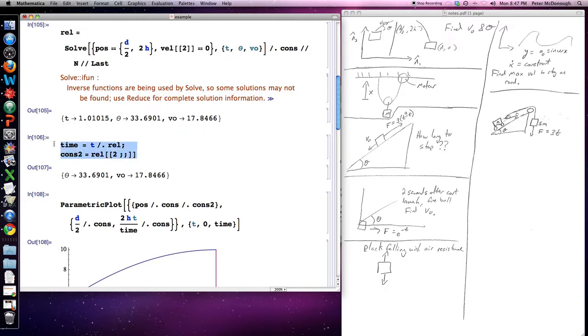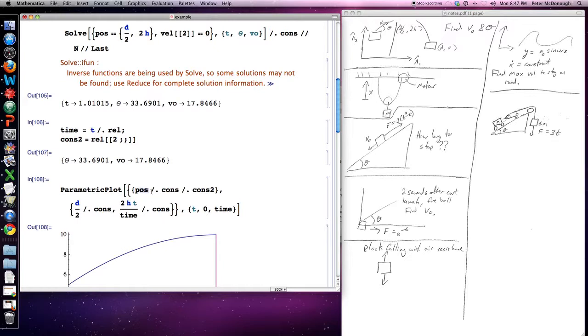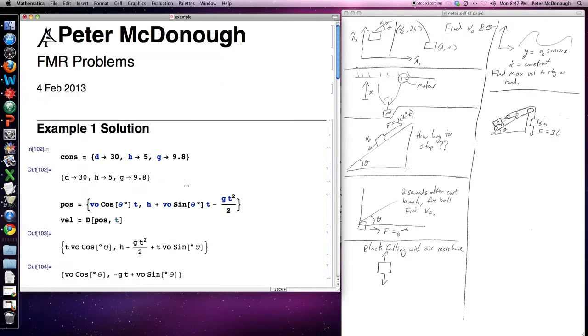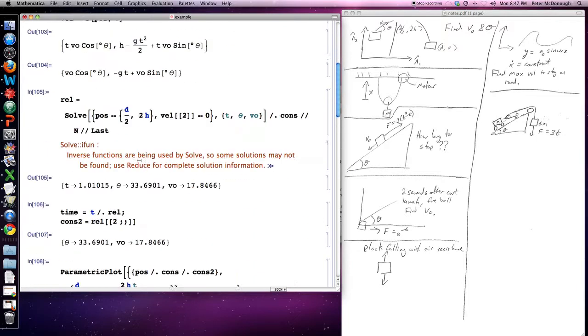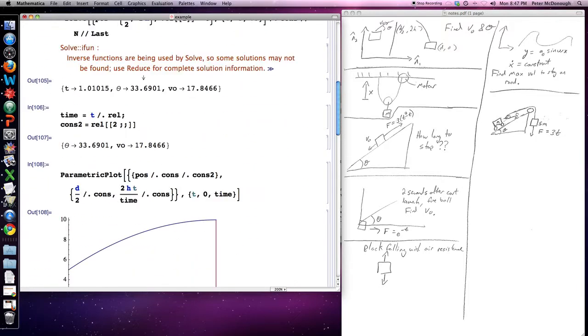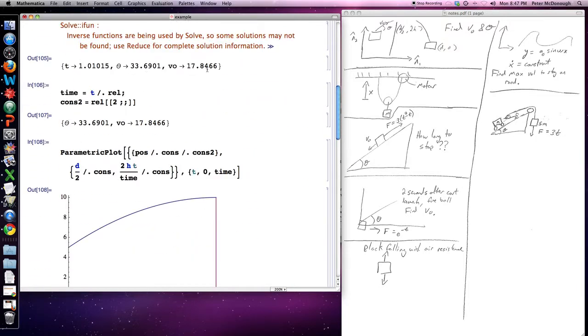So I divvy that up using this code right here, and then I plot my results. First off, I plot my position, I replace it with the constants that I initially arbitrarily chose, and then I replace t with the theta and the initial launch velocity that I solved for above. So that gives me this blue line, the position of my projectile with respect to time.